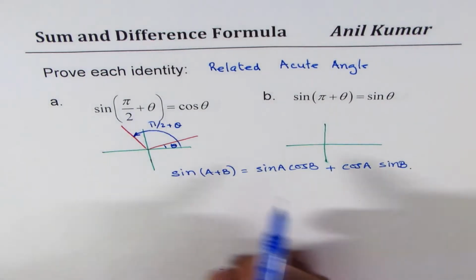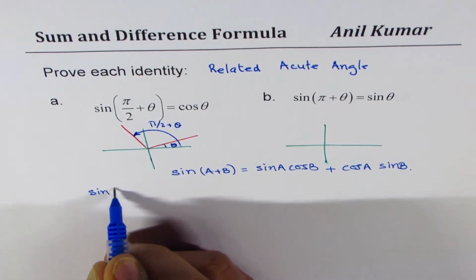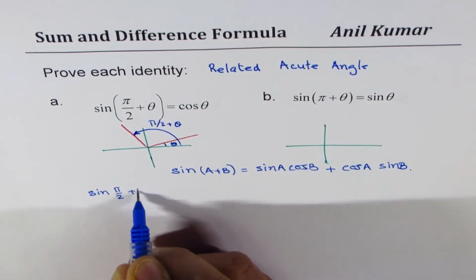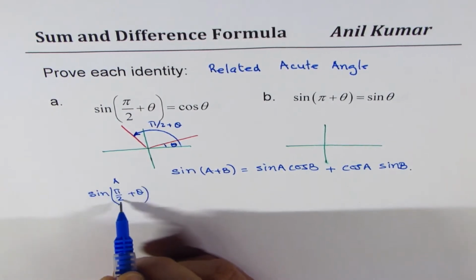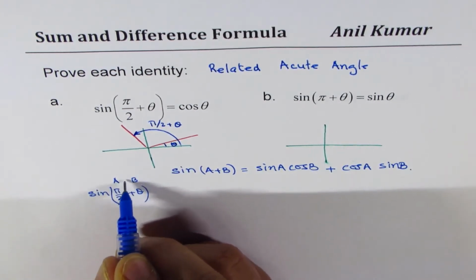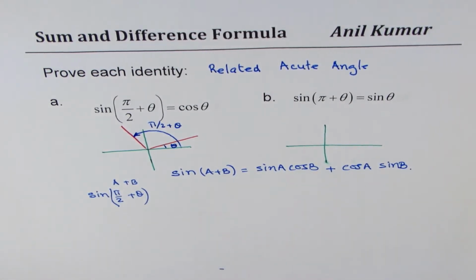So if I expand the first part, which is what is sine pi by 2 plus theta equal to. Now here consider A to be pi by 2 and B as theta and substitute in this particular formula, right?